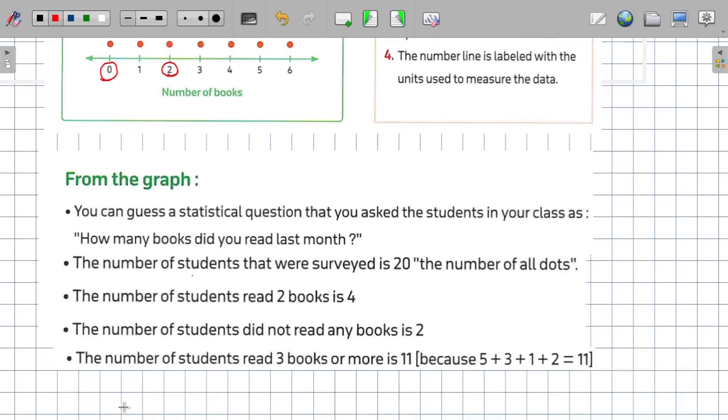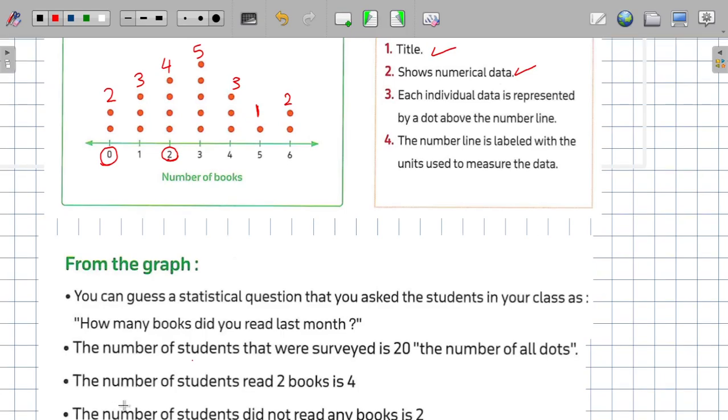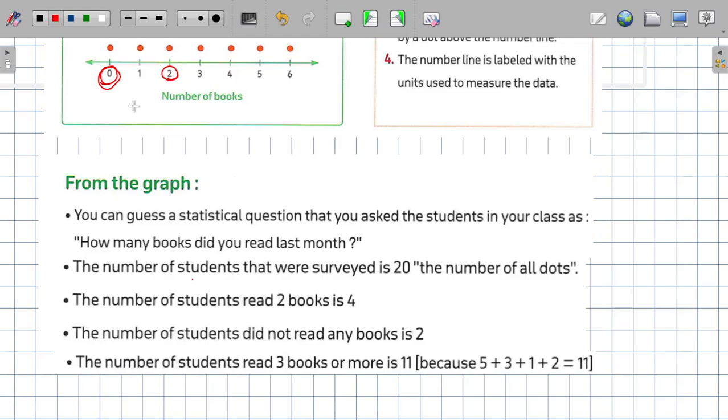So if I want to know the number of students that did not read any books, I think it will be 2, because I will go to the number 0 here. So I have here 2 dots, so I can say the number of students is 2.